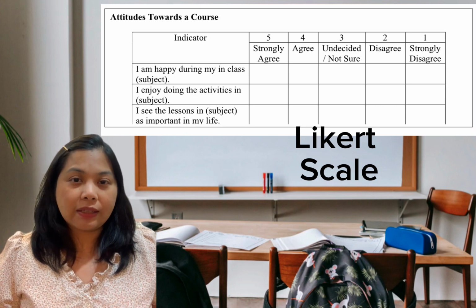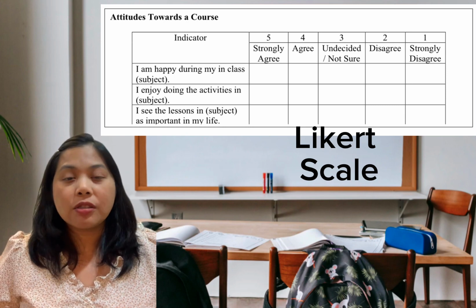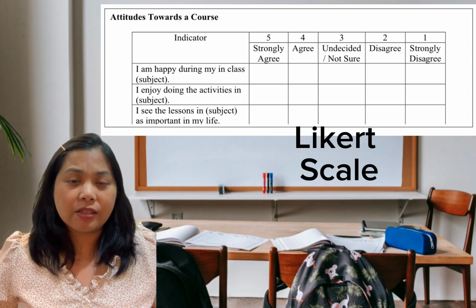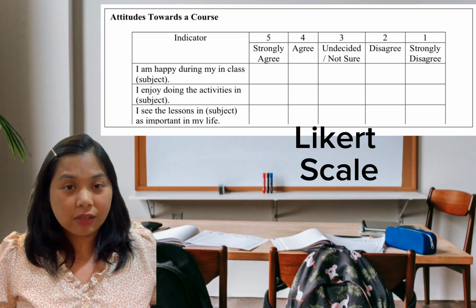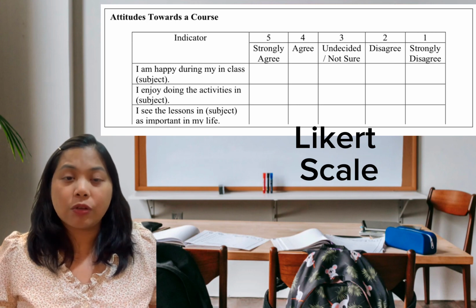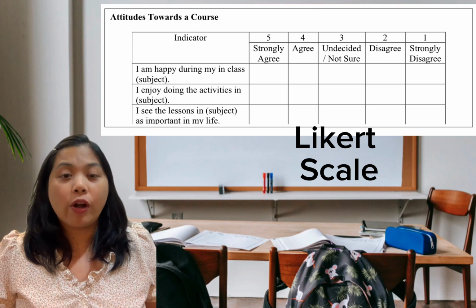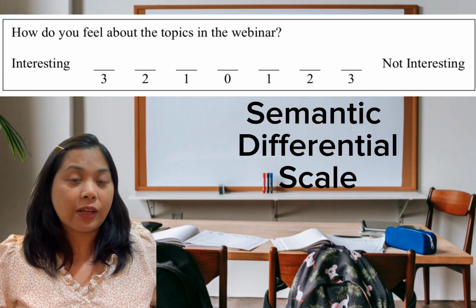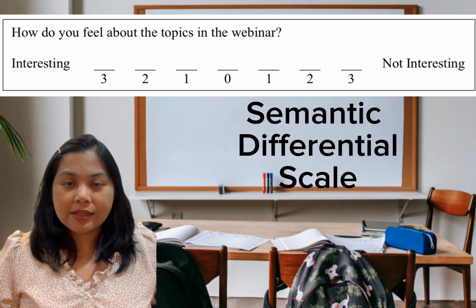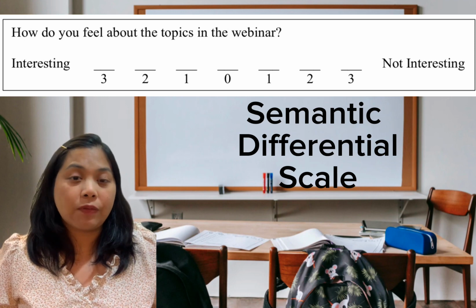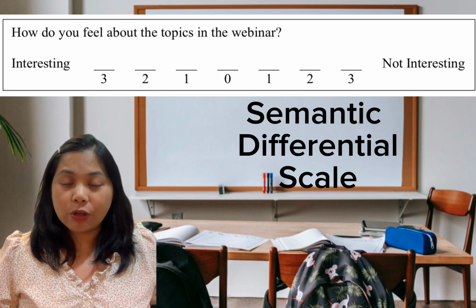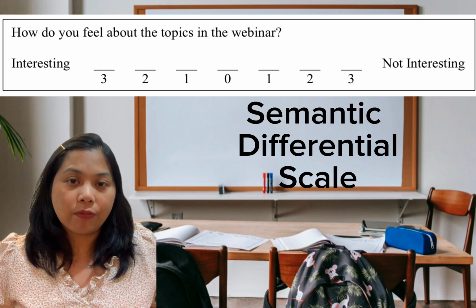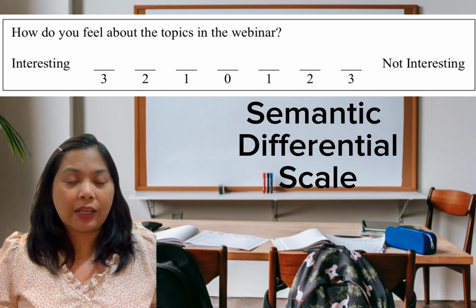It requires that individuals tick a box to report whether they strongly agree, agree, undecided, disagree, or strongly disagree in response to items concerning an attitude, object, or stimulus. This one is a semantic differential scale used to assess an individual's reaction to specific words, ideas, or concepts in terms of ratings on bipolar scales defined with contrasting adjectives at each end.